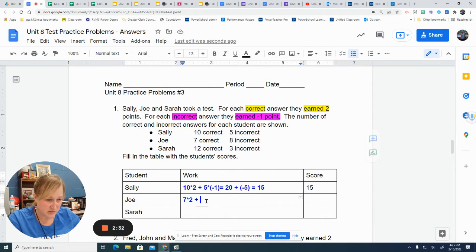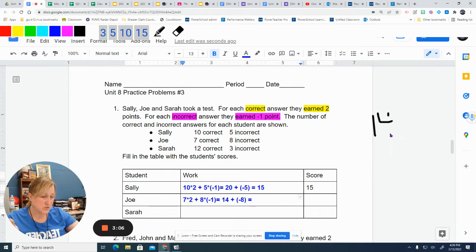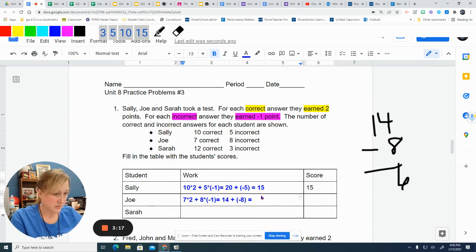So I'm going to do 8 times -1 because he loses a point for every one he does. 14 plus -8, they are different signs, so I'm going to subtract. 14 minus 8 is 6, and the 14 is the bigger absolute value, so it's a positive 6. So Joe's score is 6.